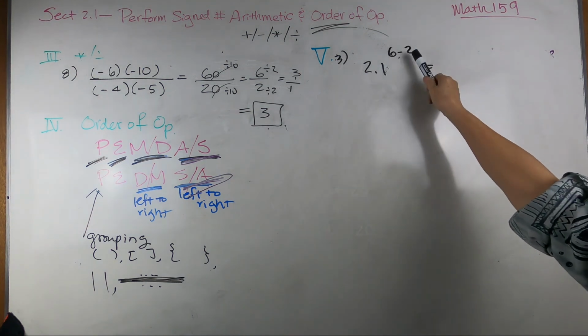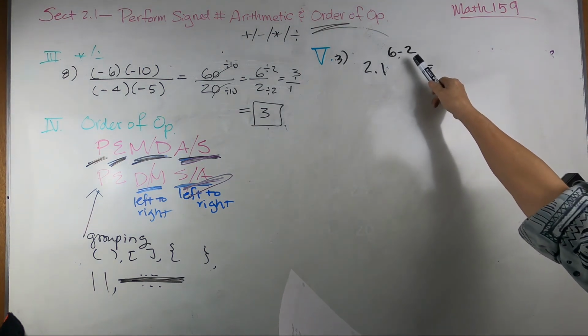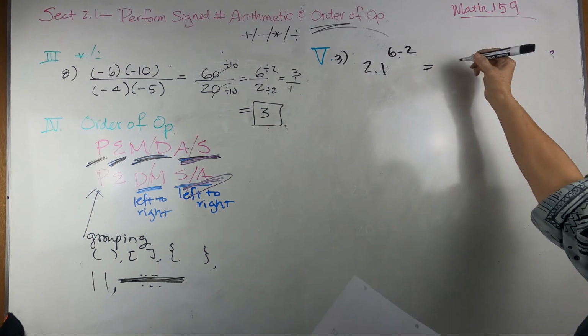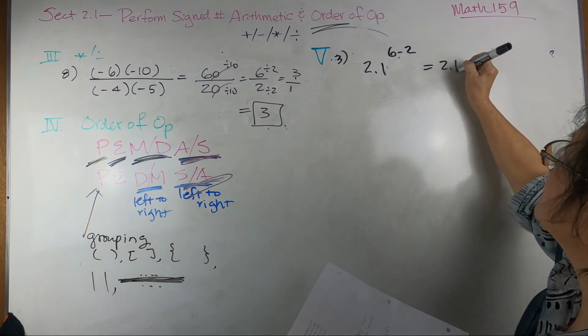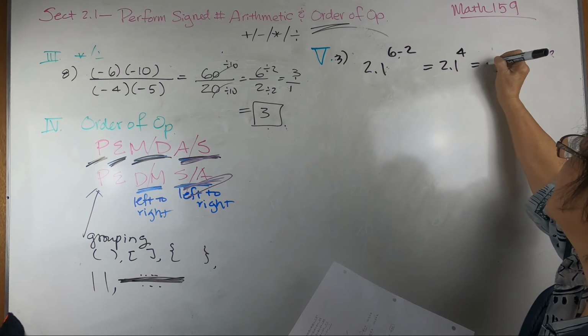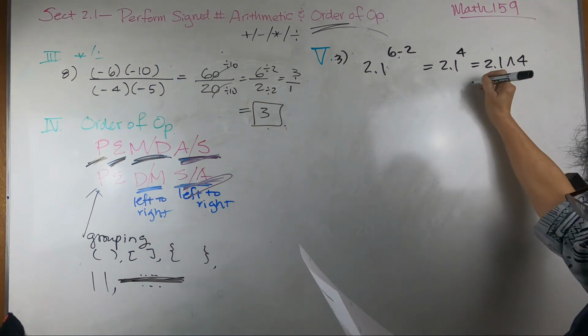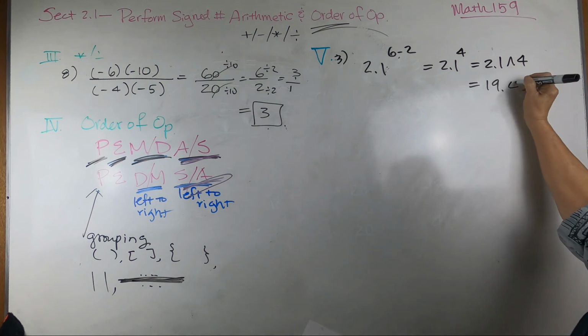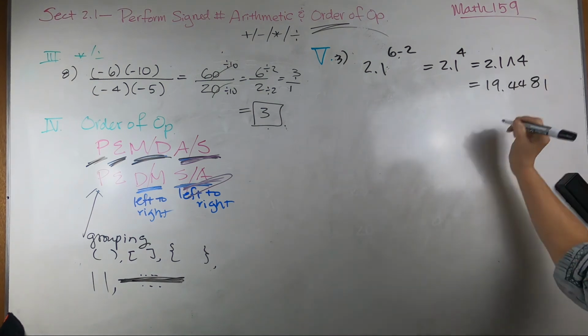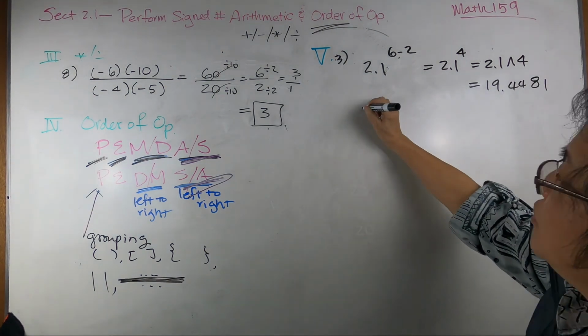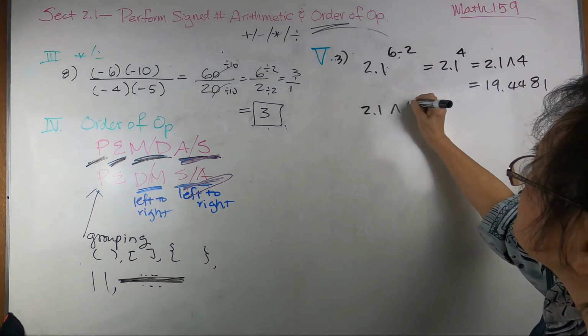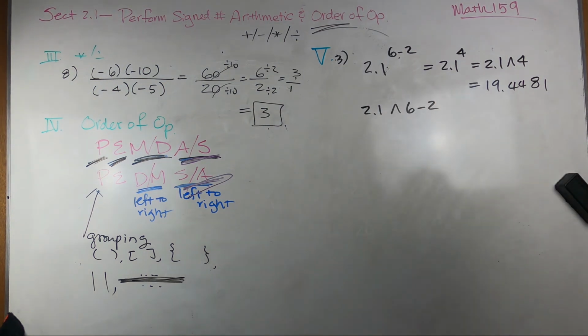Power itself, you need to simplify. So that would be what? 2.1 to the 4th power. Then you use a calculator to do it. You will have 19.4481.